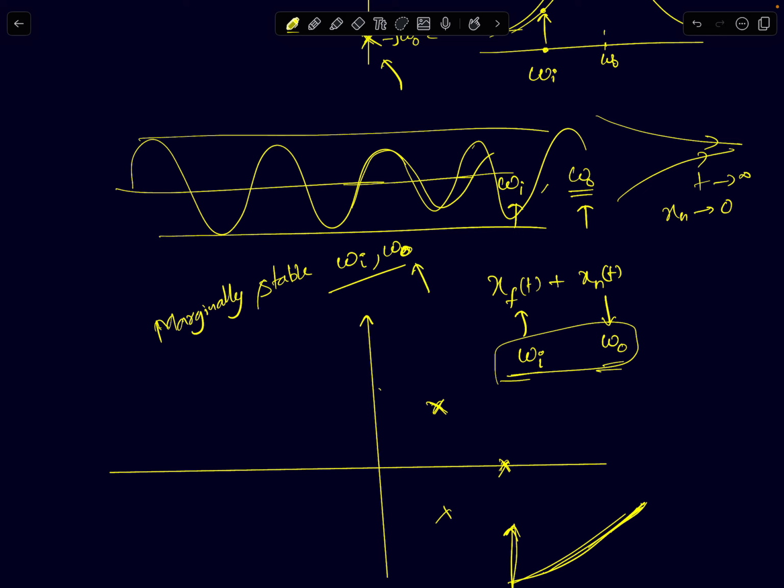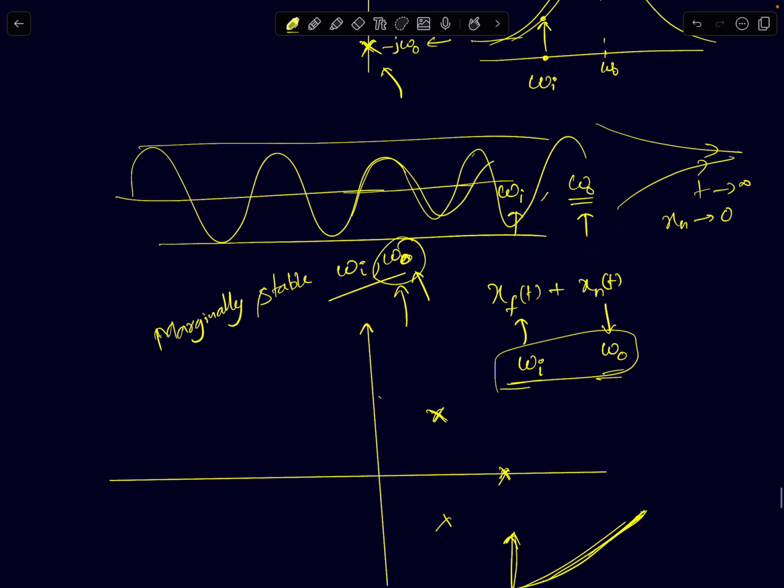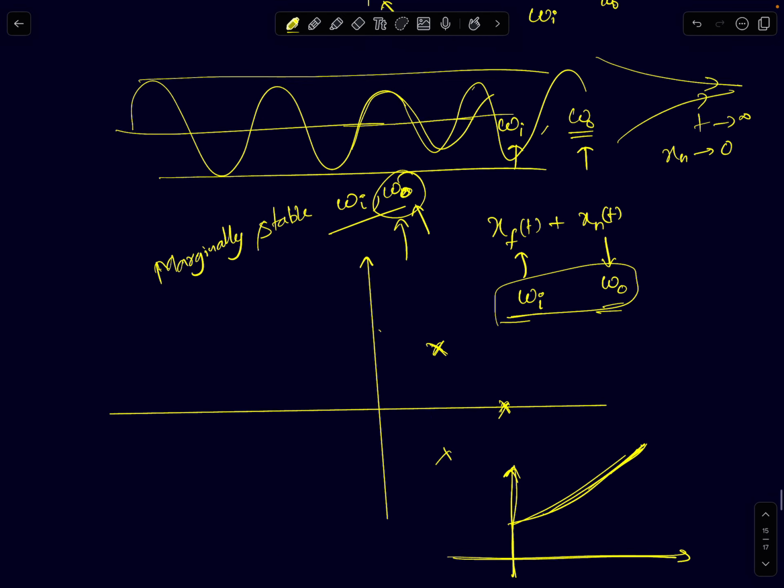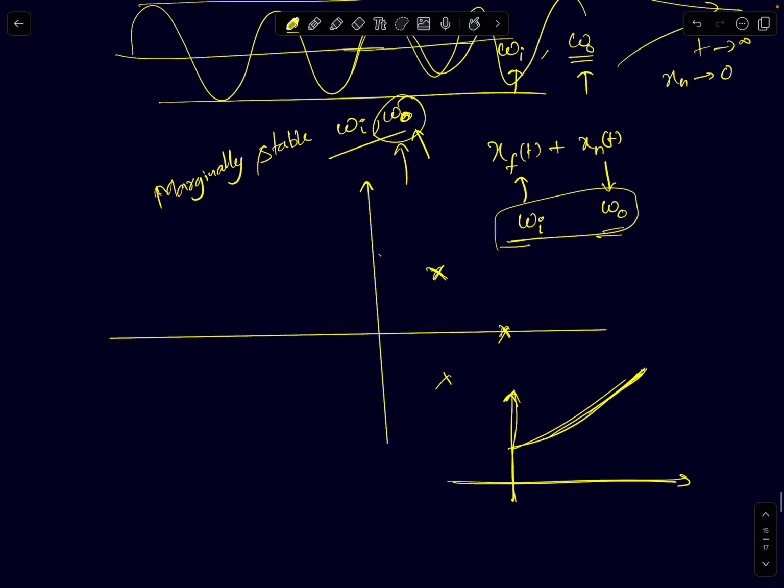That omega naught comes from the natural response of the system. For an unstable system, if you have complex poles on the right half plane, then yes, it will also have some frequency, but its amplitude will keep growing unbounded. It will eventually blow up to infinity.